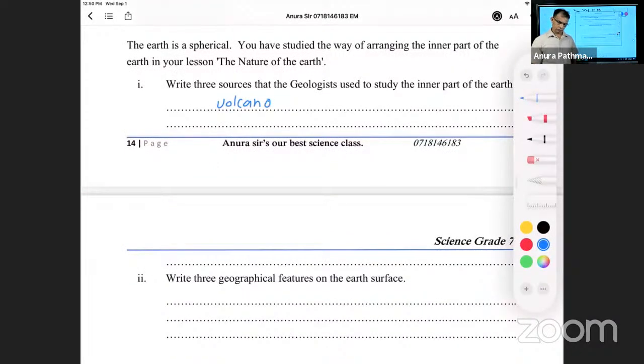Volcanoes, earthquakes, rocks and soil. Those are considered.